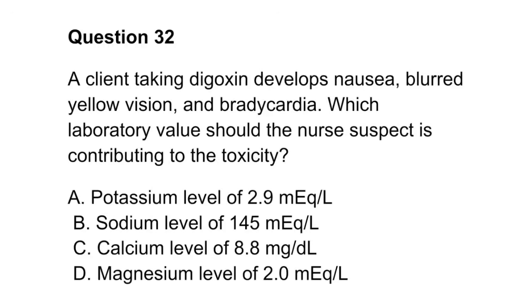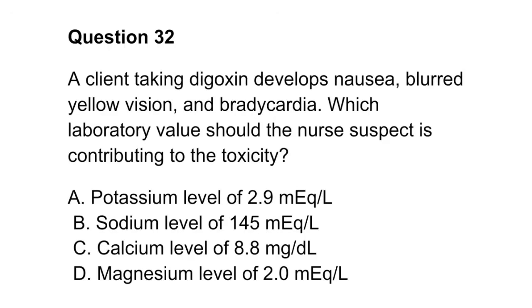Question 32. A client taking digoxin develops nausea, blurred yellow vision, and bradycardia. Which laboratory value should the nurse suspect is contributing to the toxicity? A. Potassium level of 2.9 mEq/L. B. Sodium level of 145 mEq/L.